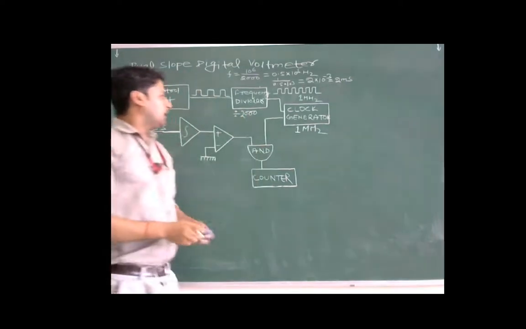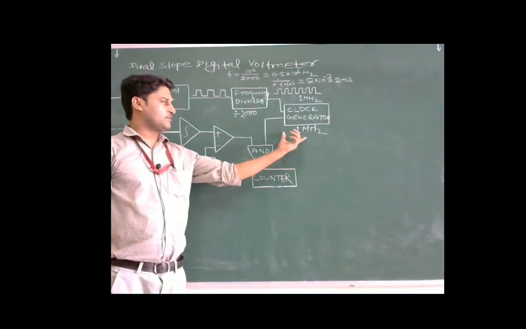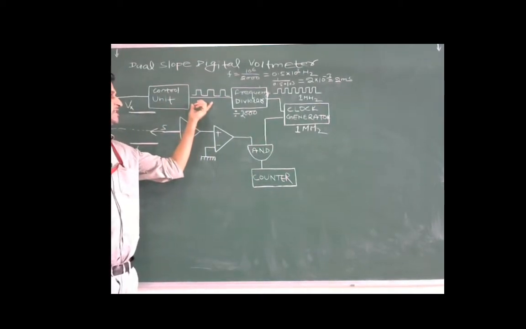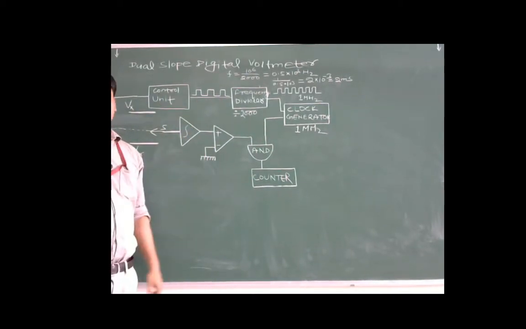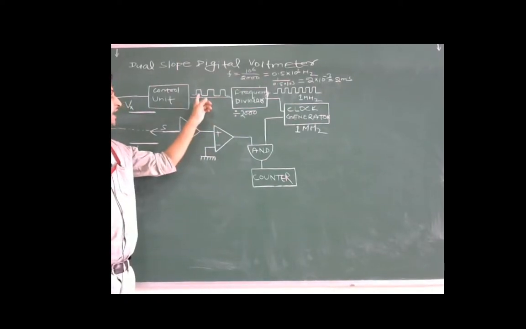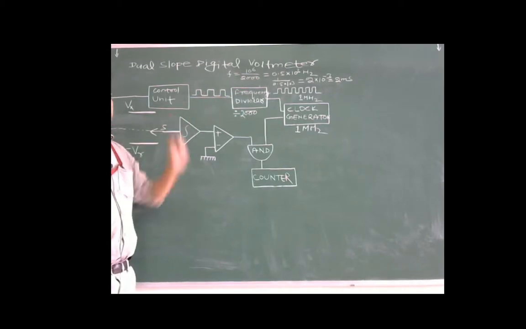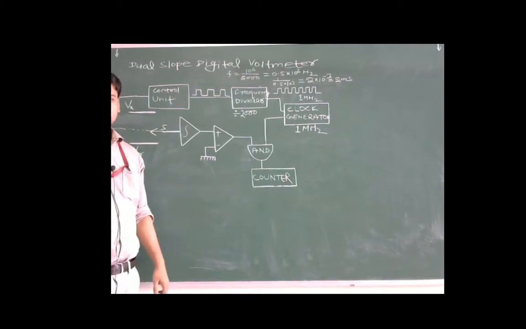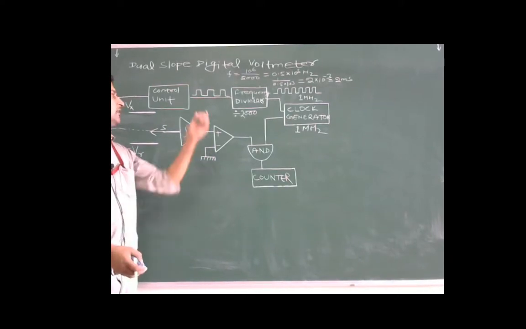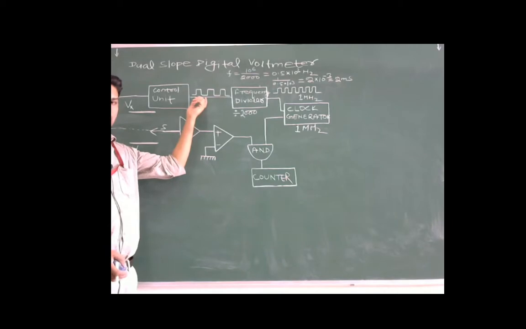So if the frequency of this clock generator is 1 megahertz, then the time period of this clock pulse will be 2 millisecond. 2 millisecond means that this signal will be high for 1 millisecond and will be low for the remaining 1 millisecond.